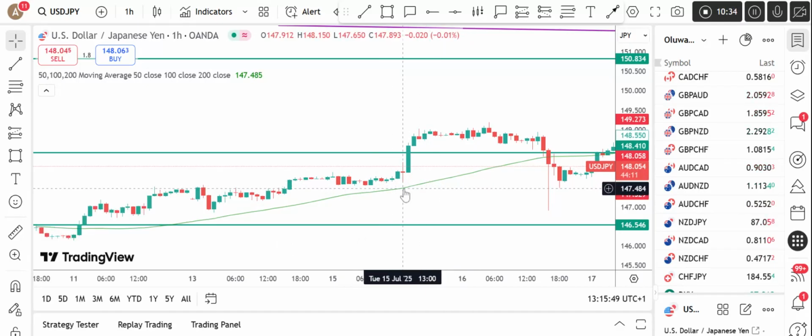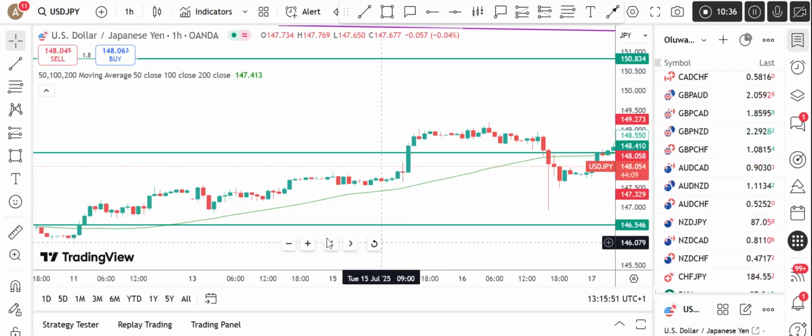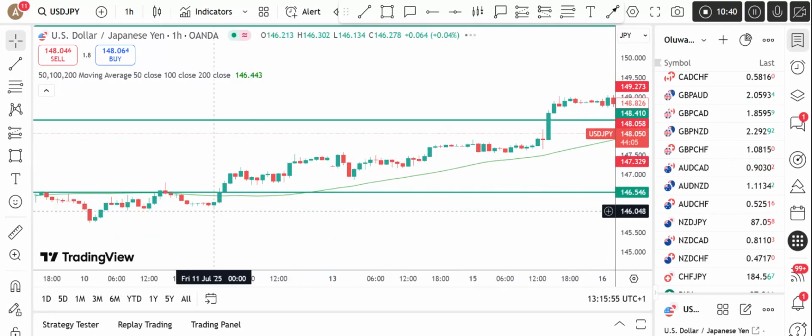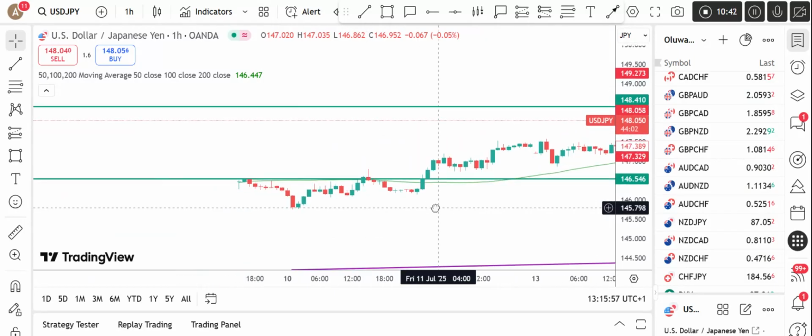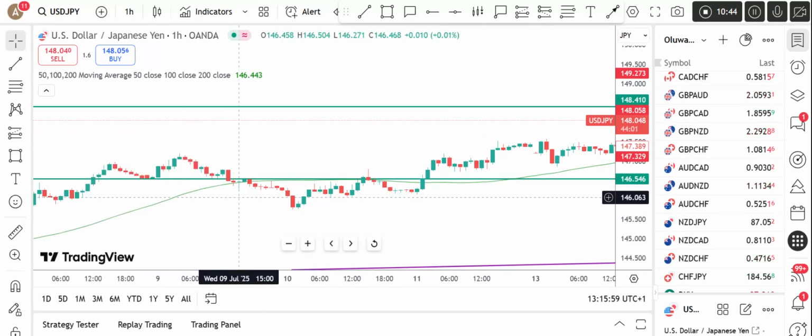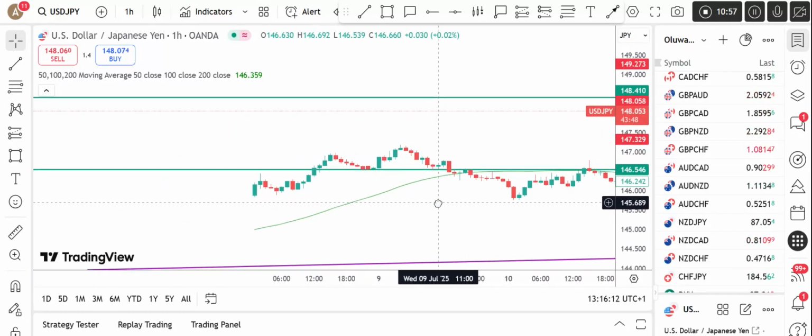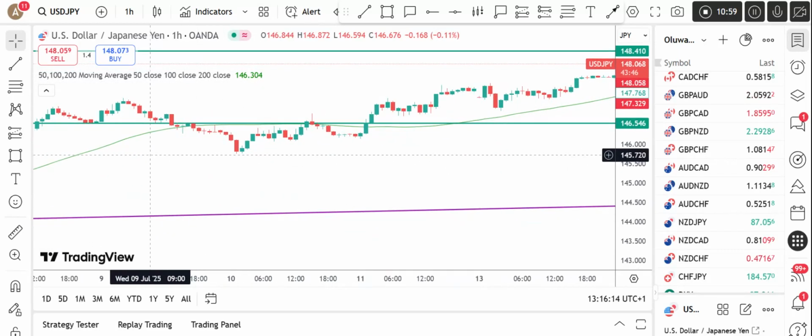I also call this one a doji, but it doesn't have any body. It's a rejection candlestick where the market doesn't make any decision. You can see also here that this is a doji, there is no body at all, and so on and so forth.